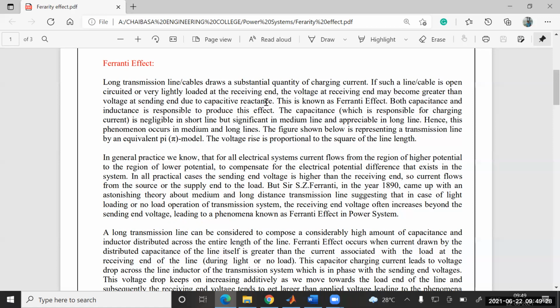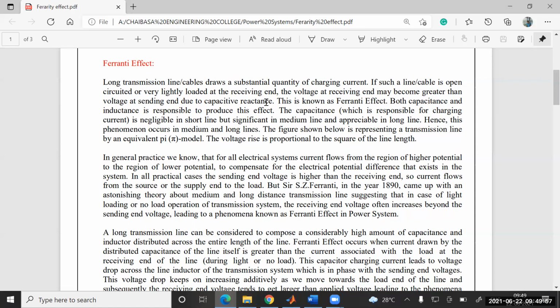This effect is seen for a longer transmission line. So we'll see what has been written over here. Long transmission lines or cables draw a substantial quantity of charging current.